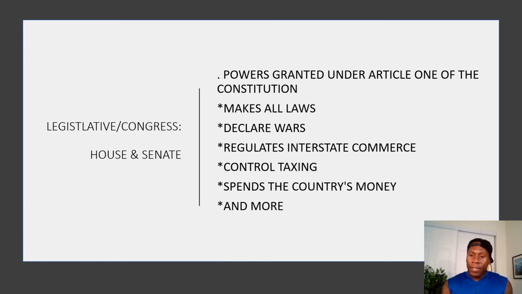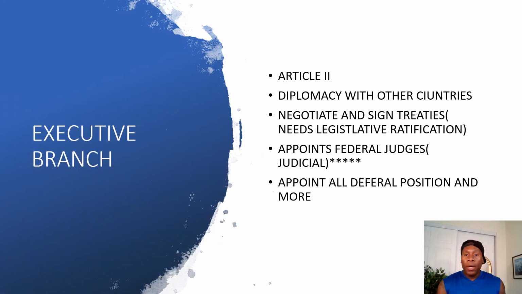Now let's focus on the legislative branch, which is the House and the Senate. Their powers are granted under Article 1 of the Constitution. They make all laws, they declare wars, and they regulate interstate commerce. They control taxing, they can pass taxes, and they're responsible for spending the money of the country, and quite a few more things. Article 2 is where the executive branch gets its powers from.